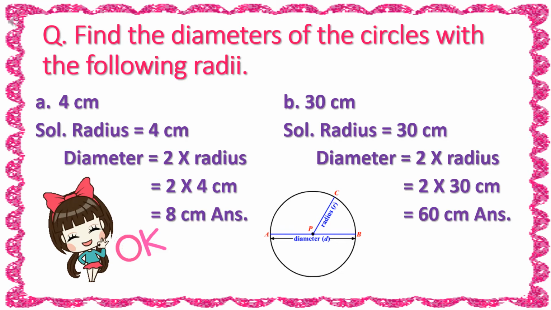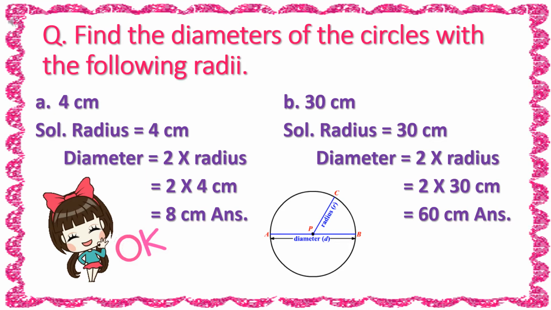And you know that diameter of the circle is just double the radius. किसी भी सर्कल का डायमीटर जो है वो रेडियस का जस्ट डबल होता है, बिल्कुल डबल होता है. तो अगर आपको रेडियस पता है और आपको डायमीटर पता लगाना है तो आपको रेडियस को सिर्फ 2 से मल्टीप्लाई करना है. You will get the double of the radius that is equal to diameter.